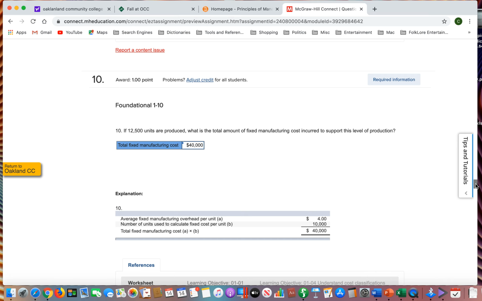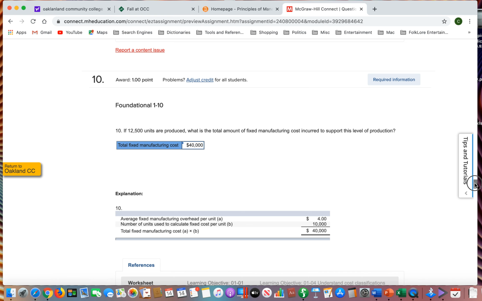That's what they're saying. And so I overlooked the word here, total. So within that range, it's going to be $40,000. The fixed cost per unit is going to drop or rise depending on the level of production. But the total fixed manufacturing will be 40,000, period, because it's within that range. I wish they had worded it differently, but that's how they get that. I hope you see that.